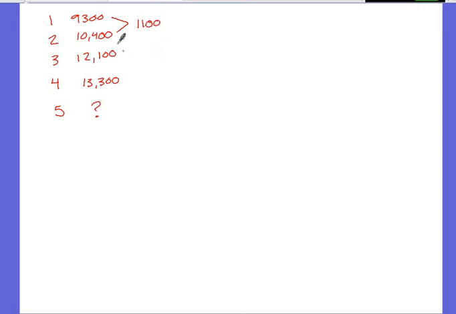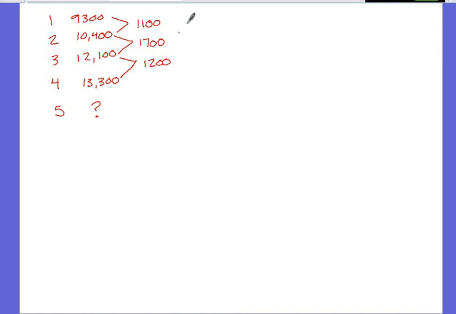I'm going to subtract these two numbers and see that I get 1,700. Subtract those two, and I see that I get 1,200. So I didn't get the same number, but they're pretty close.